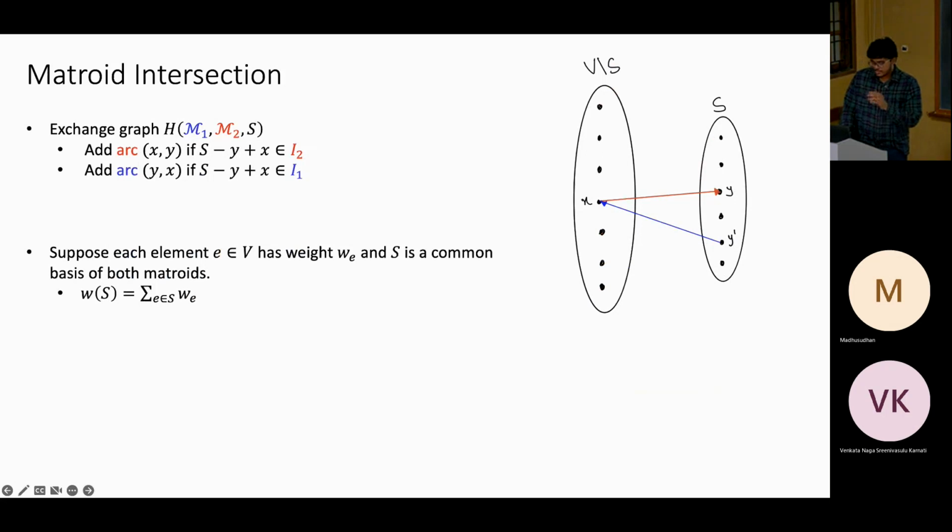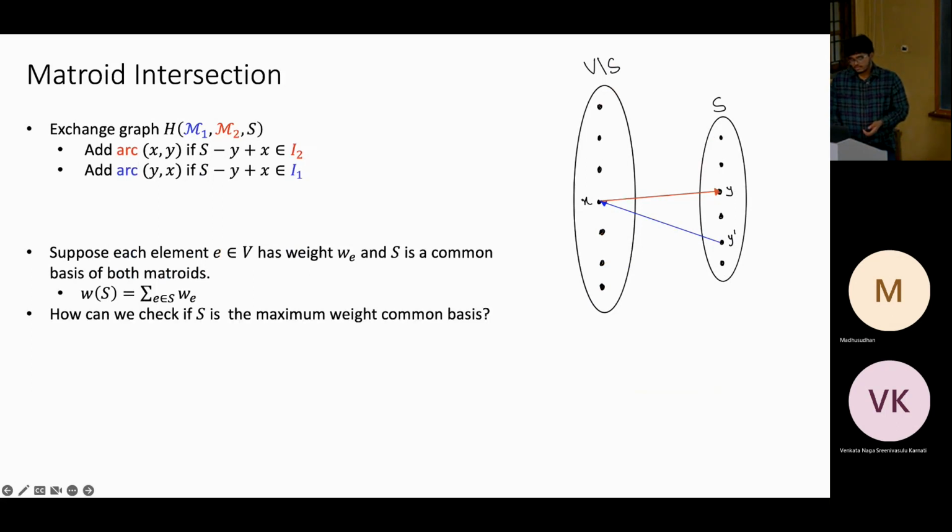Now let's think about the following problem. Say the elements have weights, and I define the weight of a set to be just the sum of the weights. Let's say S is a common basis and it has a certain weight.